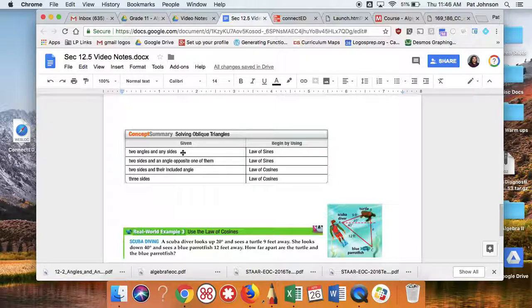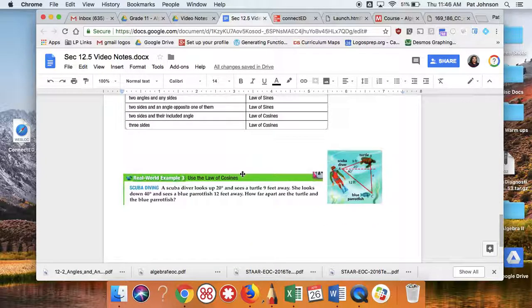If you're given two angles and any side, we start with the law of sines. If we're given two sides and an angle opposite one of them, we use the law of sines. If we're given two sides and their included angle, we use the law of cosines. And if we're given three sides, we use the law of cosines. That's what you'll start with. Now you may switch after that.